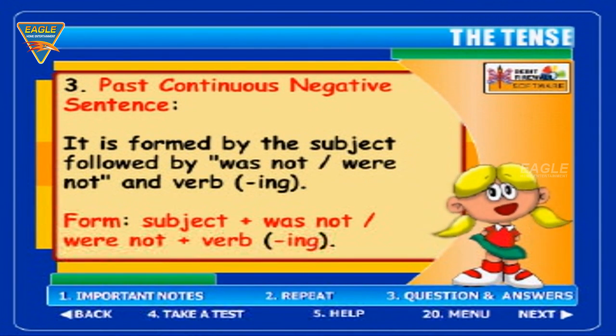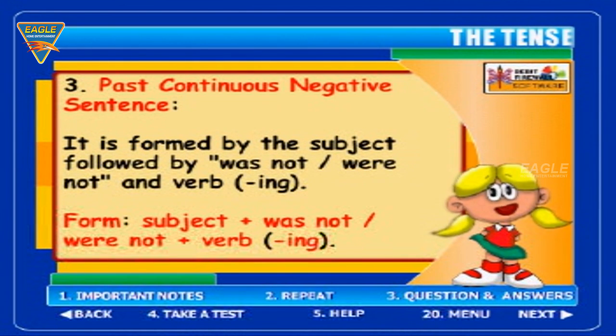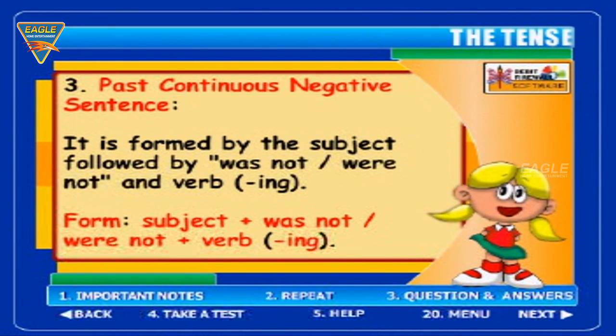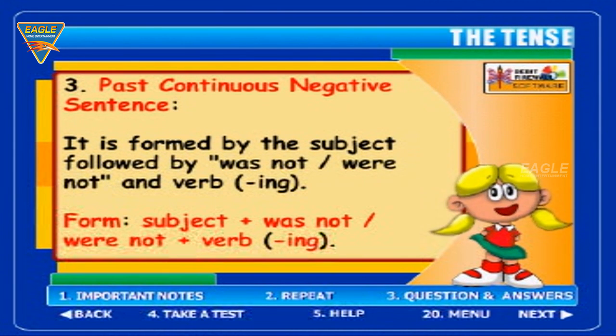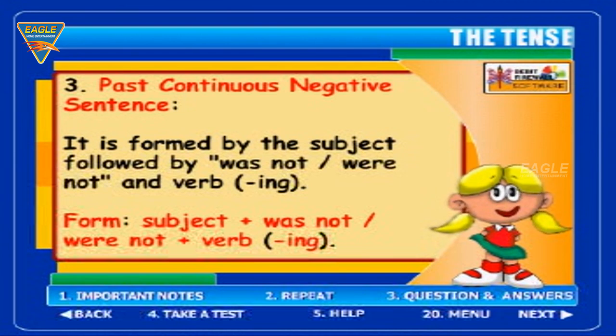Past continuous negative sentence. It is formed by the subject followed by was not or were not and verb, that is ing. Form: subject plus was not or were not plus verb ing.